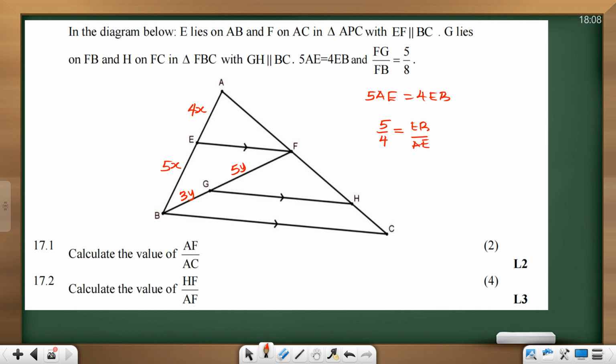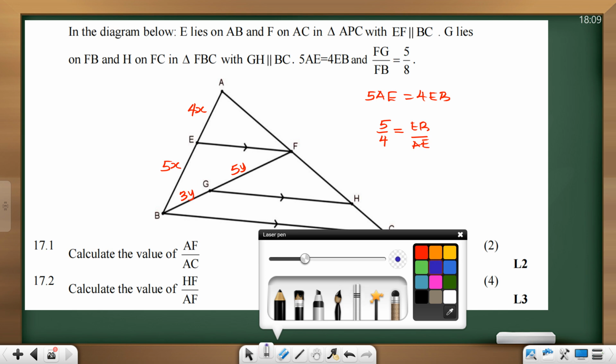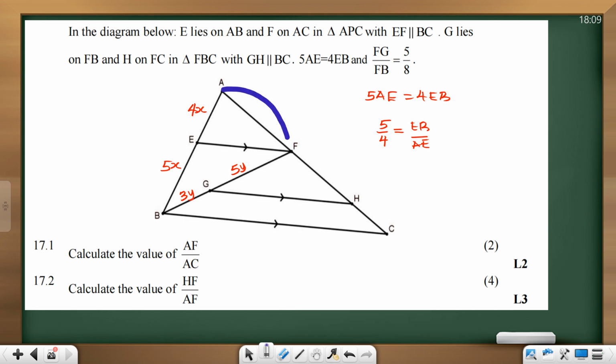Okay. What are we looking for? AF over AC. Do we have that? AF over what? Quickly check. Is that in a triangle with parallel lines? Okay, that's a side. Where it stops, there's a line there, right? That one is done already. That's 4 over 5. Make sense? So what would I write?